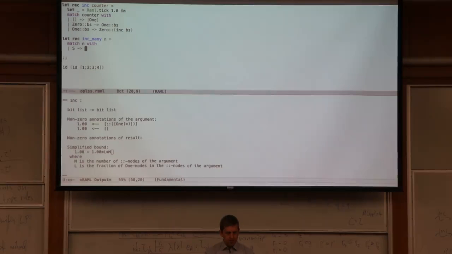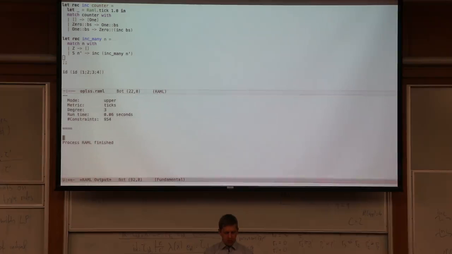If we have 0, then we just start with an empty counter and 0. And if we have the successor of n prime, then we do an increment and many increments like here. So okay, that looks good.